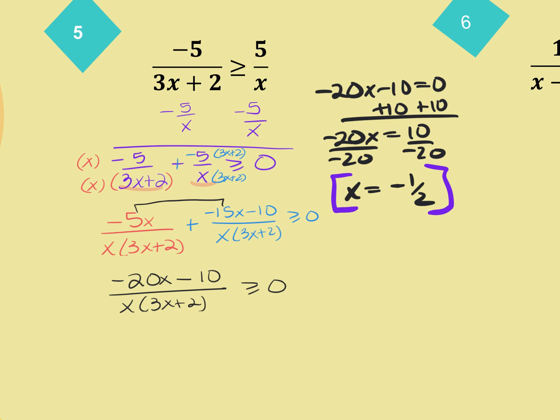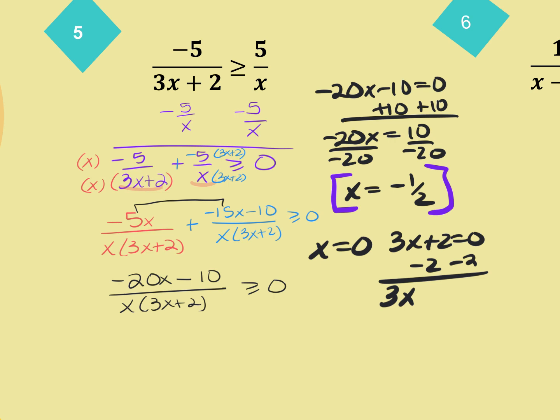And all I do is take each of the factors and set them equal to 0, because I didn't distribute it. Divide, and x equals negative 2/3.